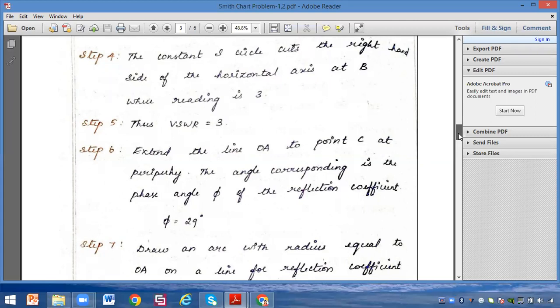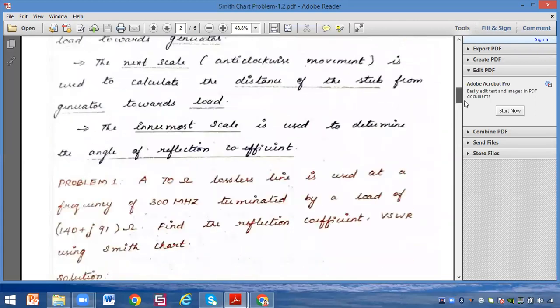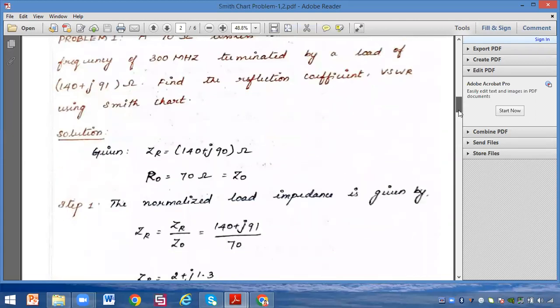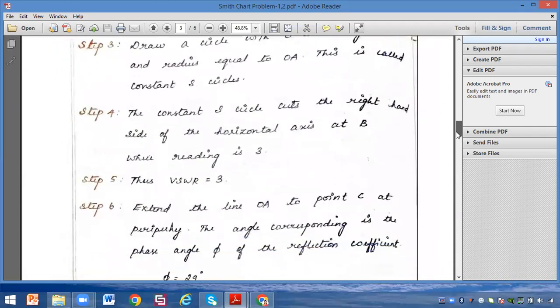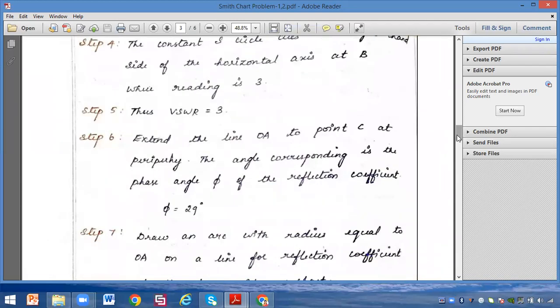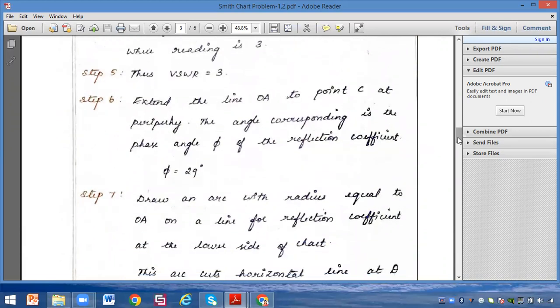In the question they have asked us to find the voltage standing wave ratio. We can find it from the constant S circle at the right hand side. Step 6 is to extend the line OA to the point C at the periphery. The angle corresponding is the phase angle psi of the reflection coefficient.